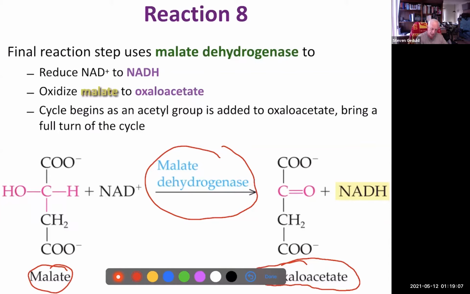And we produce another NADH by reduction. NADH is going to produce ATPs. Each NADH is going to produce 2 ATPs if it's outside the mitochondria. Inside the mitochondria, it's going to produce 3. So this oxidizes malate to oxaloacetate by malate dehydrogenase, and we reformed oxaloacetate, making a full circle.